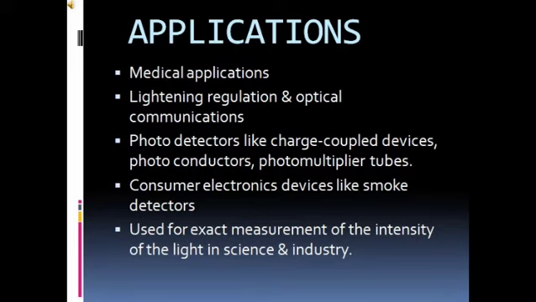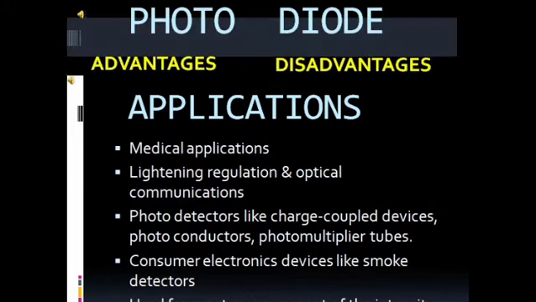They're also used for the exact measurement of the intensity of light in science and industry, and in numerous medical applications. They are much faster and more complex than a normal PN junction diode, and therefore they are frequently used for lighting regulation and in optical communication.